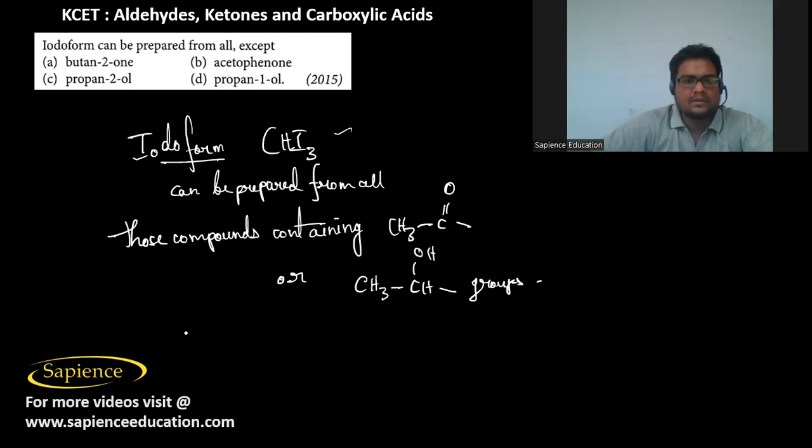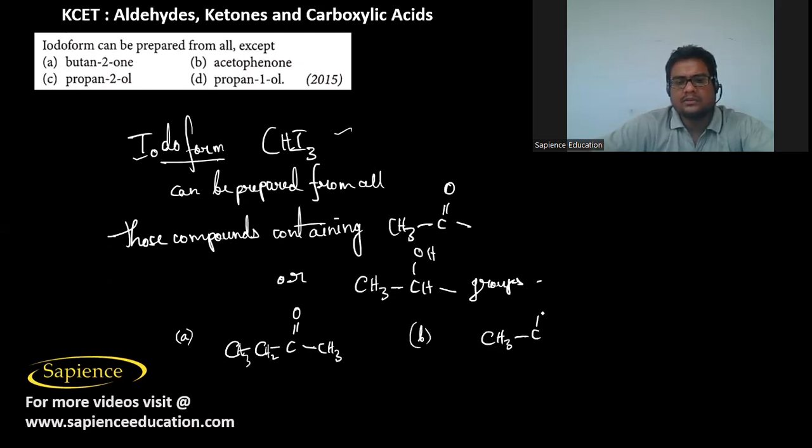For option A, it is told butan-2-one. Yes, it contains the CH3CO group, so it can be used to prepare iodoform. Option B is acetophenone, which is C6H5COCH3.